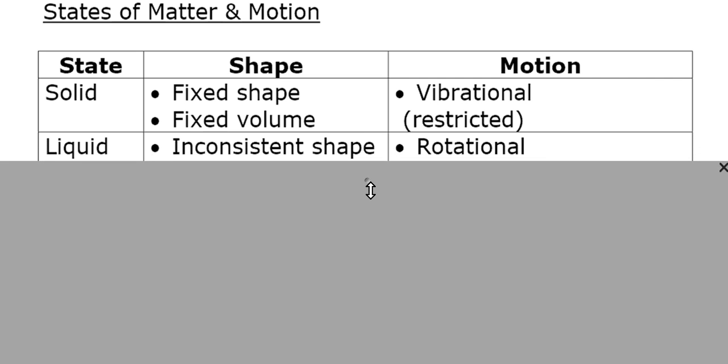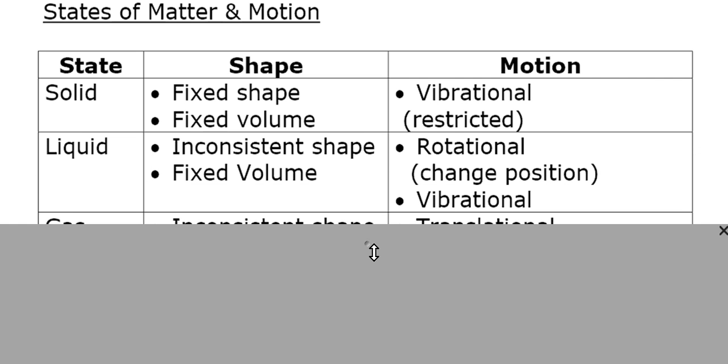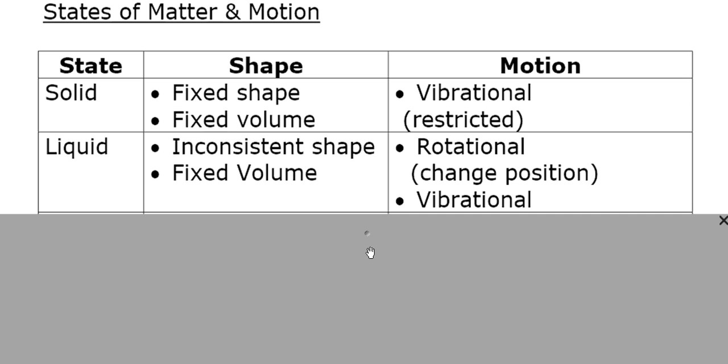What happens with liquids? What makes them a little bit different than solids? Well, we know their volumes don't change, so you still see that fixed volume, but their shapes are not consistent. The shape will take the place of whatever container the liquid is in. You put water in a glass, it takes the shape of the glass.